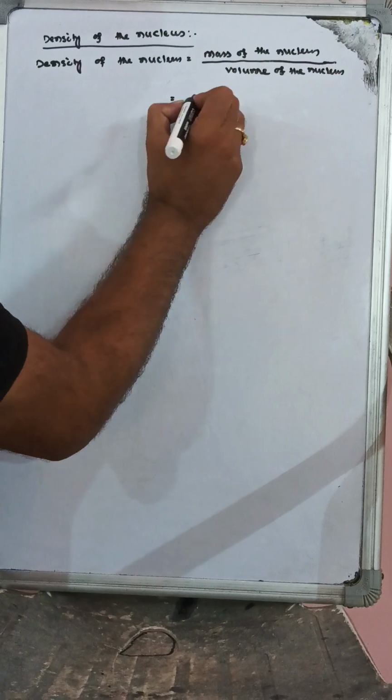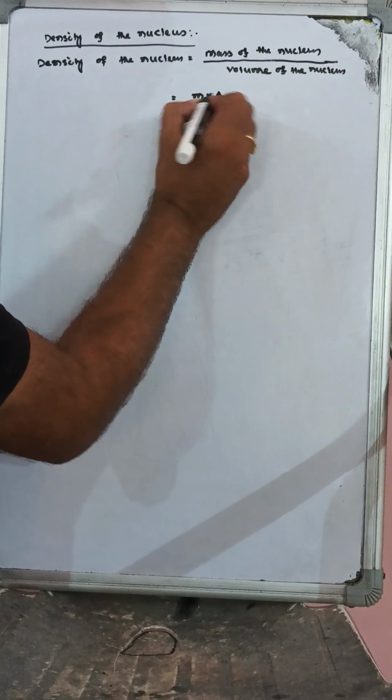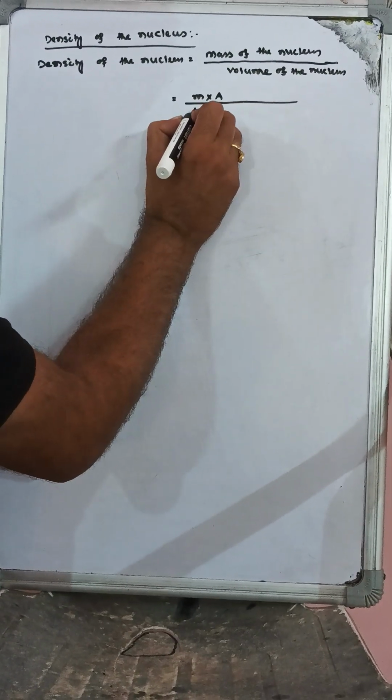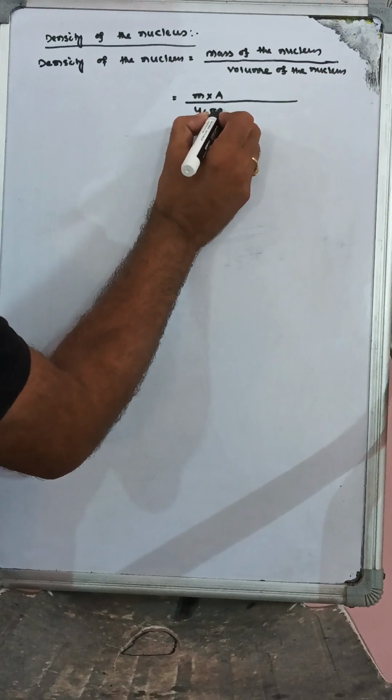Okay, then m into a is the mass number and 4 by 3 pi r cube.